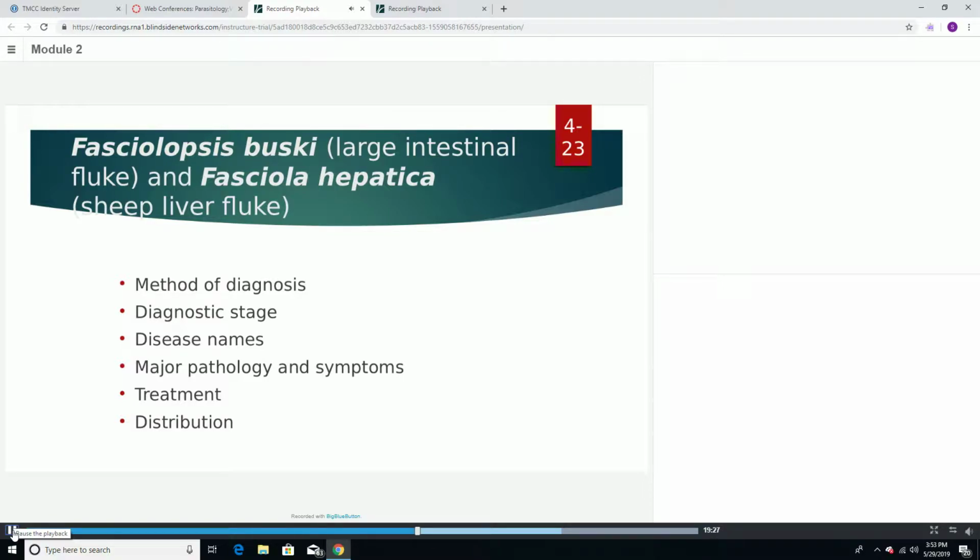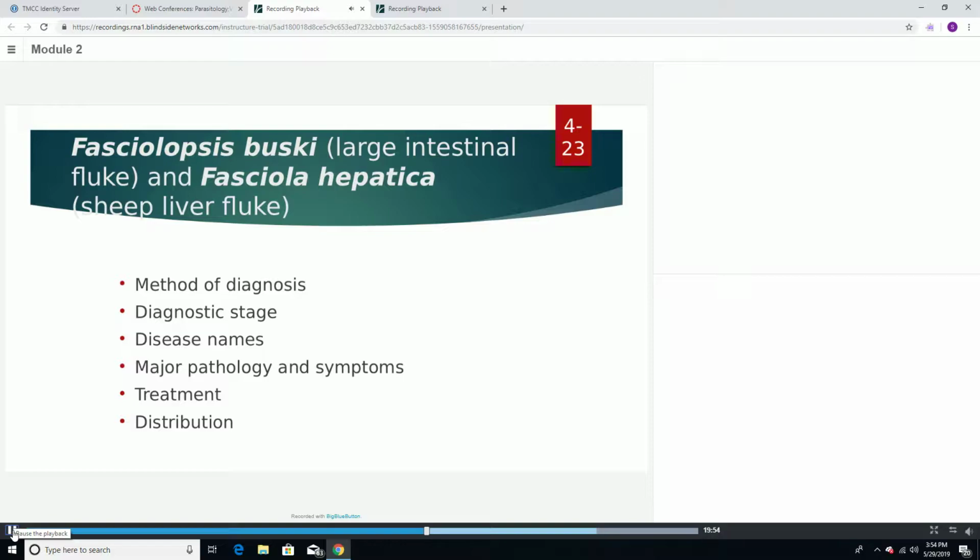Fasciolopsis buski infection disease name could be listed as fasciolopsiasis, and then Fasciola hepatica is just known as sheep liver rot. So symptoms with Fasciolopsis buski include bowel mucosal ulcers and hypersecretion and occasional hemorrhage around worm attachment site.